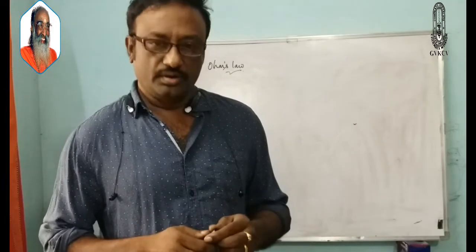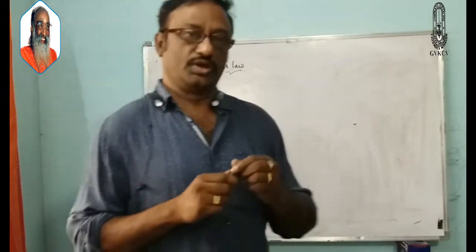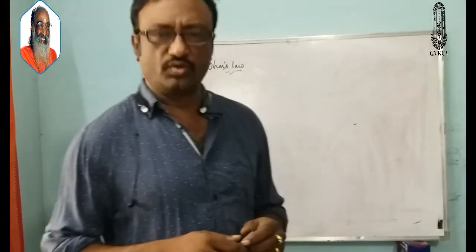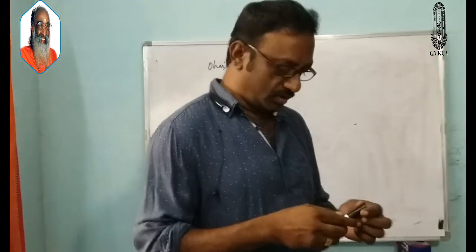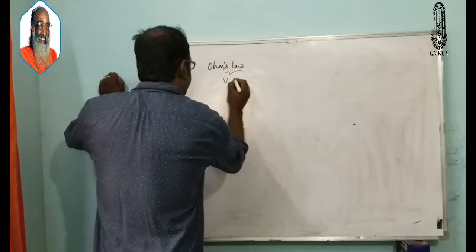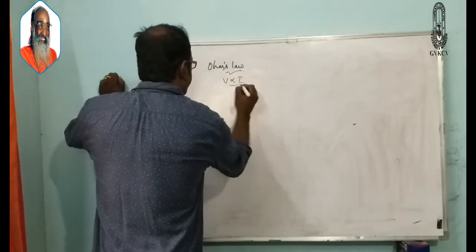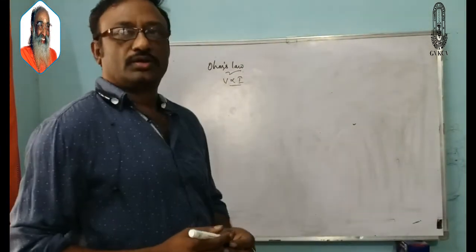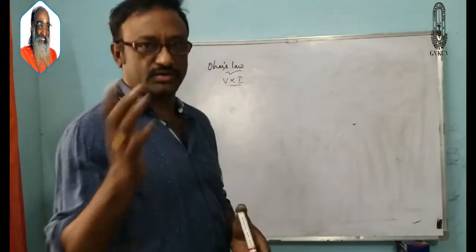So here, Ohm's law. What is this Ohm's law? Immediately, from your previous knowledge, you just remember it as V proportional to I. So how do we give the statement for it?